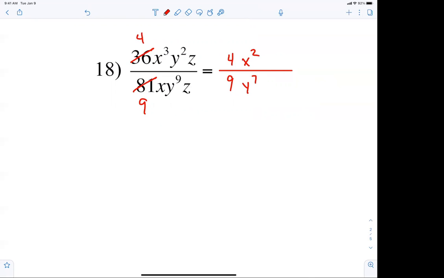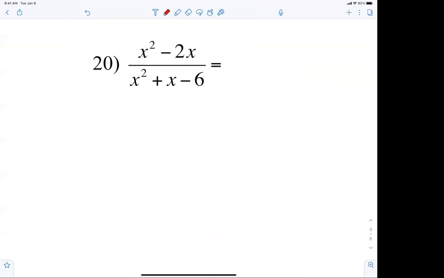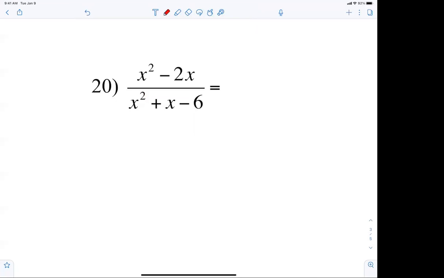All right, here we go. GCF. What's common? X, parentheses x minus 2, beautiful. So there's probably a what on the bottom? So I'm just going to go ahead and put x minus 2. And then I need a negative 6. So that would have to be a positive 3.